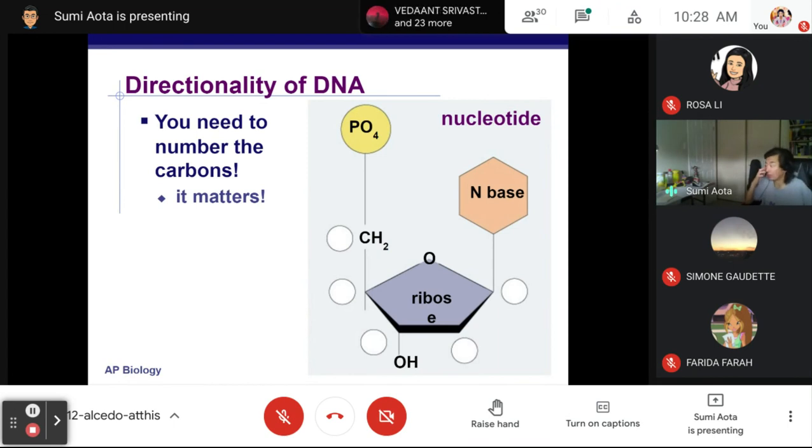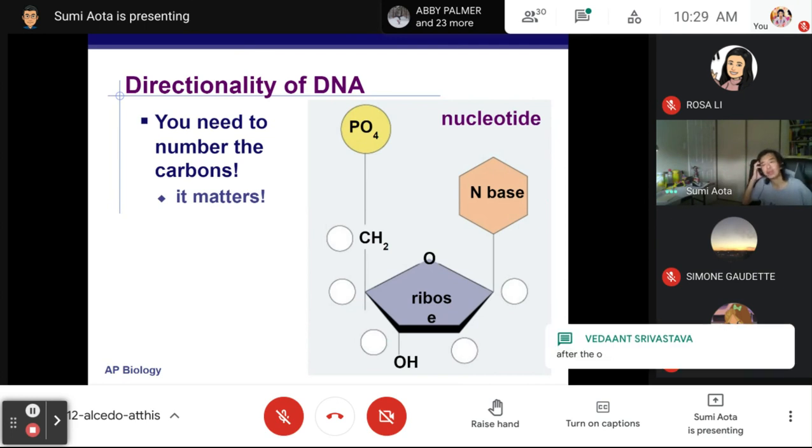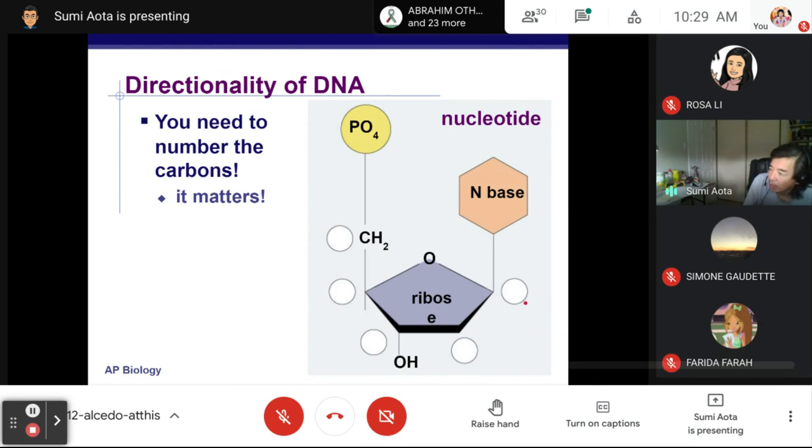Which means, again, like in sugars, we have to number the carbons. Now, when we're numbering the carbons in the ribose sugar, since it's a sugar, where do we start? Where is carbon number 1? Who remembers from the very first unit? Right, it is the carbon that is clockwise from the oxygen. So that's going to be carbon number 1.